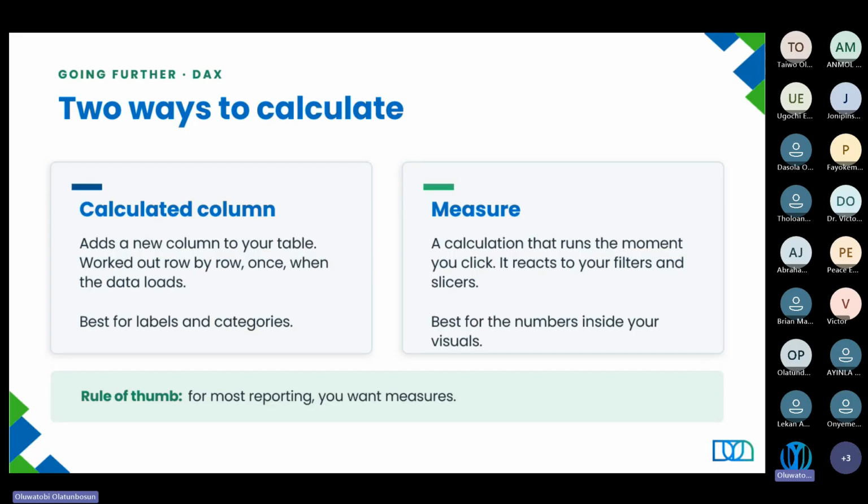Now, calculated column is best for labels and categories. Let's say you want to derive a category from an existing data set. A quick example I would give is age group. If you want to create an age band from age, let's say we have a list of participants. Let me use our participants as an example.